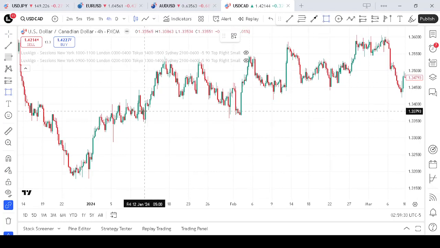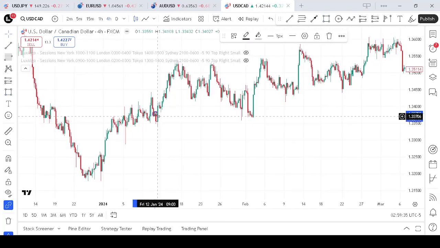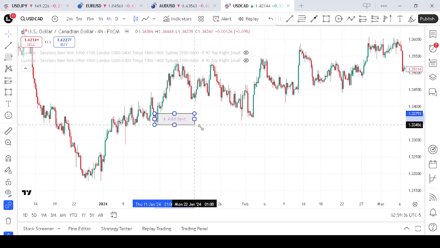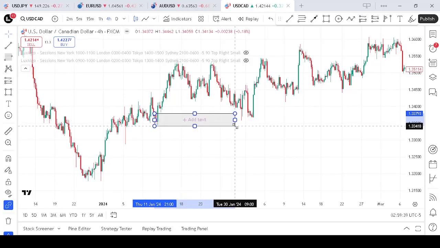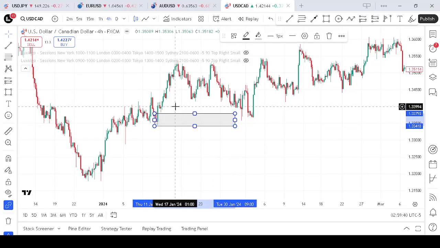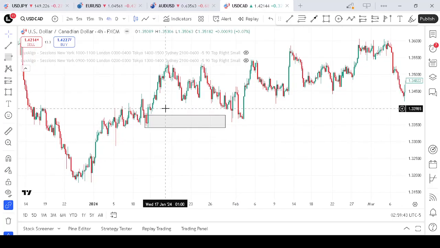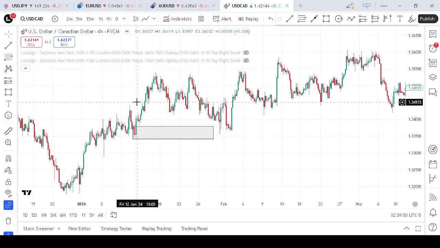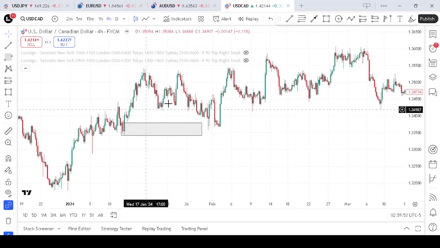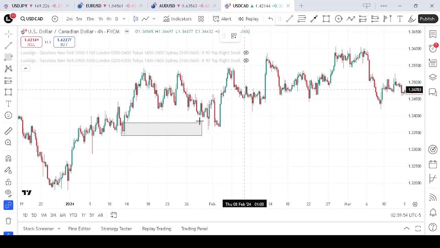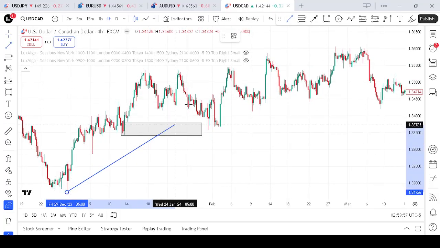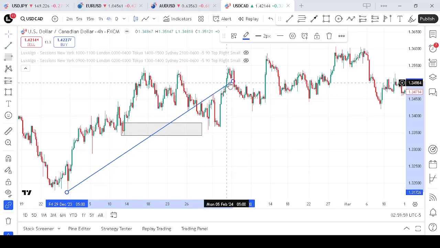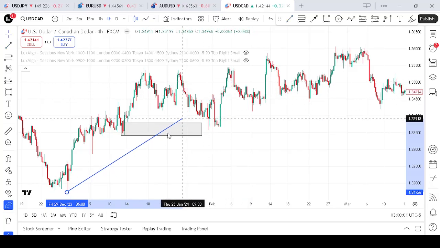You can see this is a bullish order block. This bullish order block hasn't been retested in present time, and it shows that there was a strong reaction from this area. There was a strong reaction which broke structure, and price is trending currently in the upward direction.